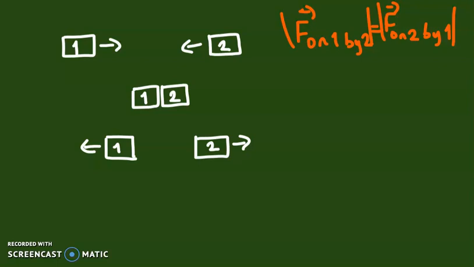So these are equal and opposite forces, action and reaction pairs, and the time for them is equal. So basically we can say that the impulse on 1 by 2 equals the impulse on 2 by 1. So there is an impulse, but in this system they cancel each other. Here we are saying that there is a force, but this force is called an internal force.